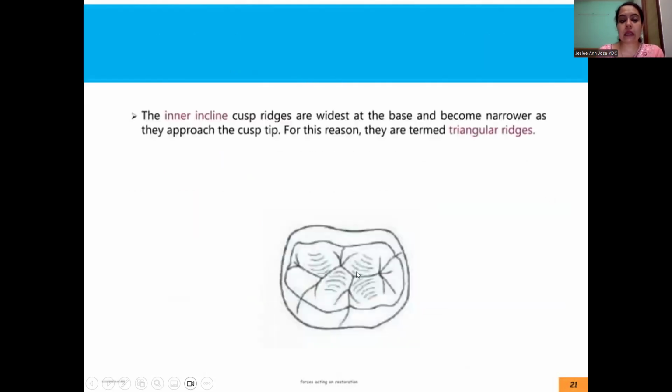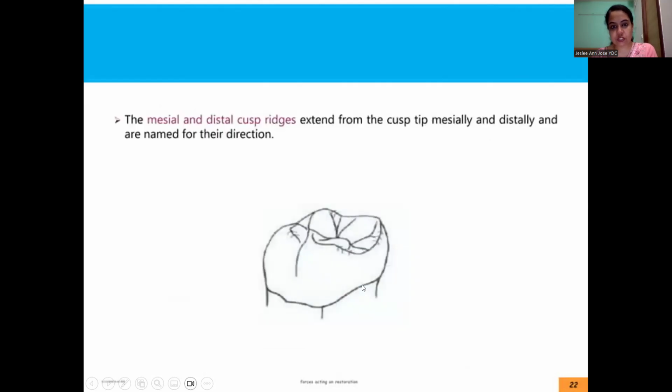Coming to the inner incline, these are widest at the base and narrow as they progress towards the cusp tip. So you can tell this as a triangular shape, with the broader base at the central region and the tip at the cusp tip. Hence, we can also call them triangular ridges.